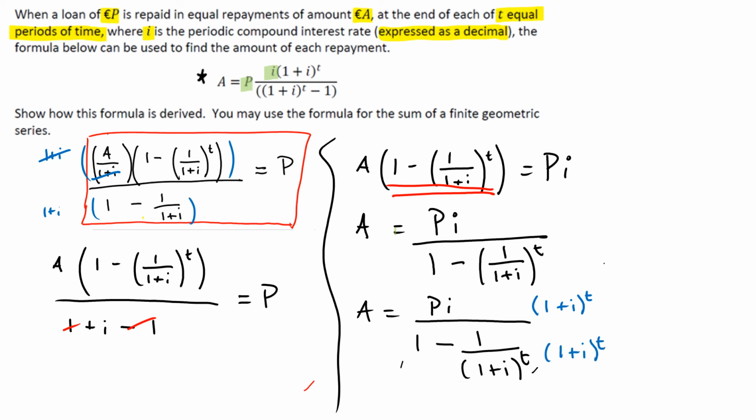And what we end up with here is a equals P i times 1 plus i to the power of t, and on the bottom, I don't have much space for my bottom line, so I'm going to give a little bit more space here so we can see what's going on.